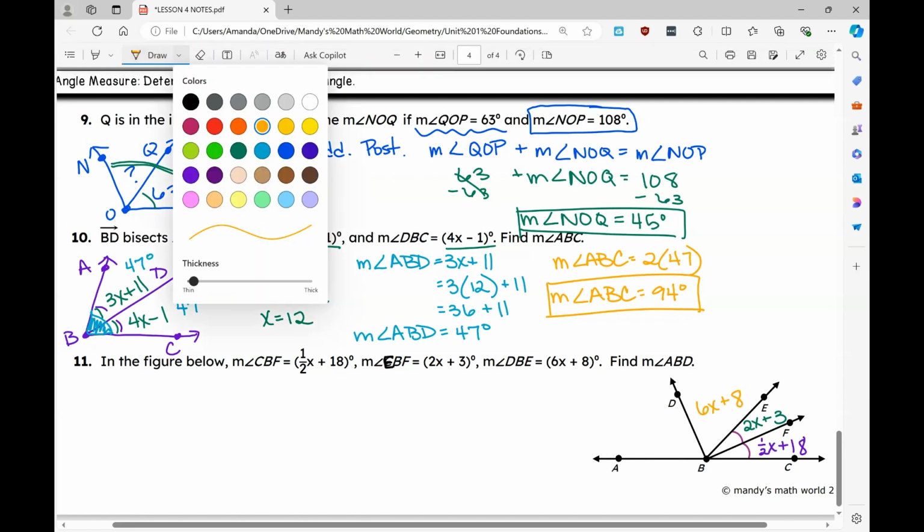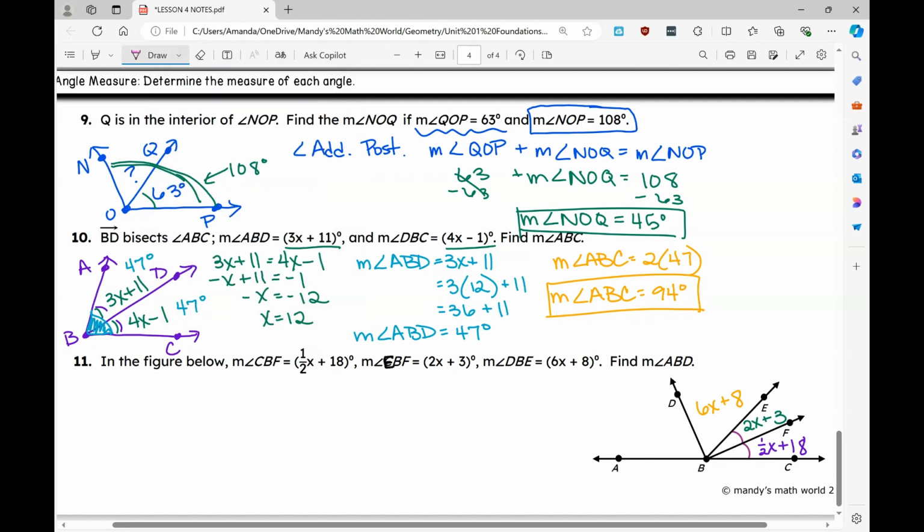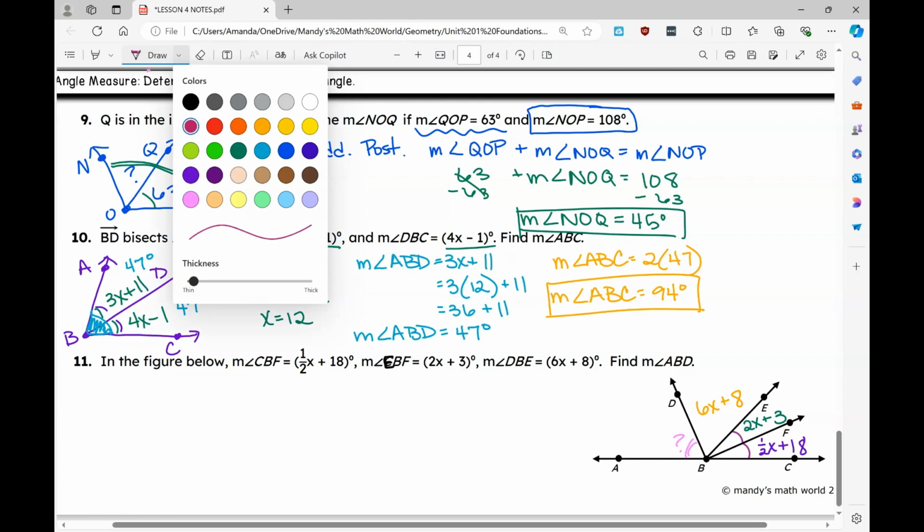It says to find the measure of angle ABD. This is the one I'm looking for. And I used 2 arc marks there to show that it's not congruent to those other angles that have the same arc mark. Okay, so I have expressions for each of these angles. What do I know? What can I do first? Where can I start?